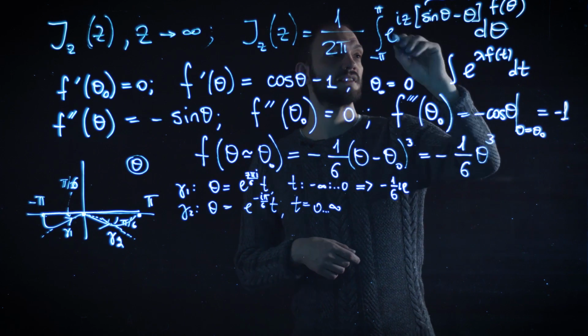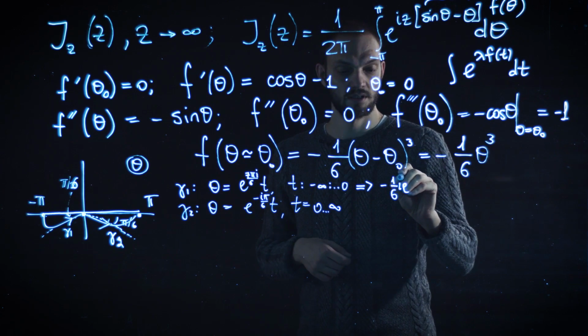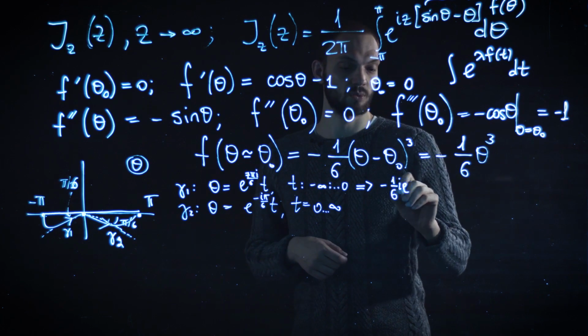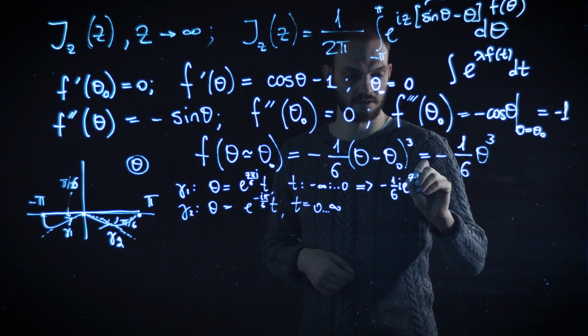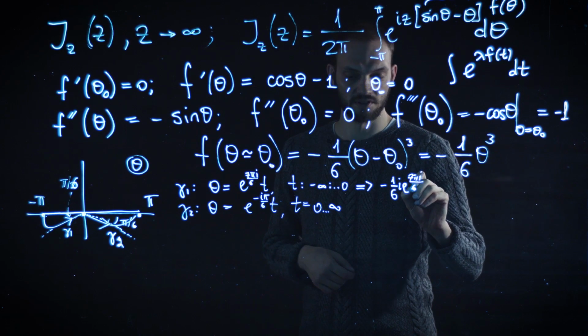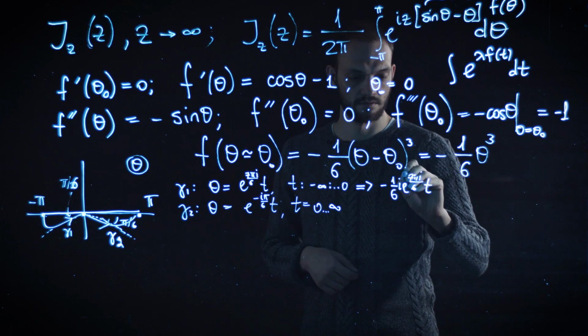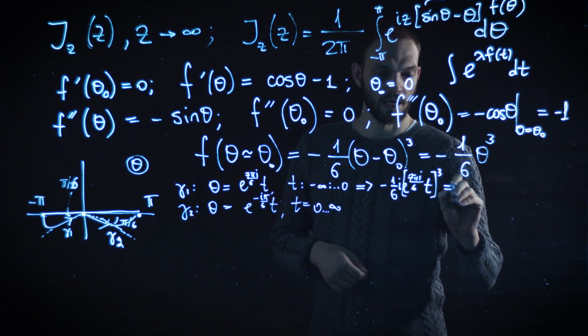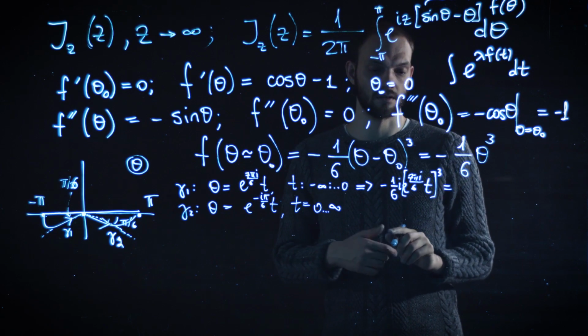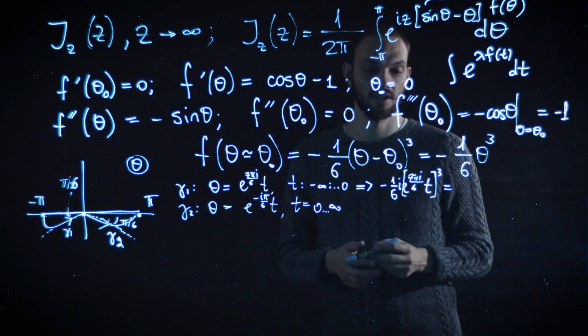So, let us now analyze the expression in the exponential. It would become minus 1 over 6 times I times exponent of 7 pi I over 6 times t cubed. To analyze it, let us first look at the exponent.